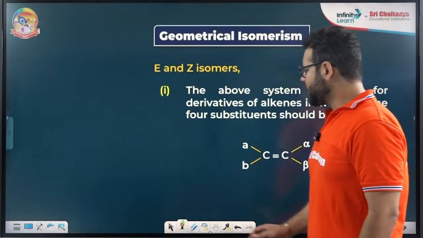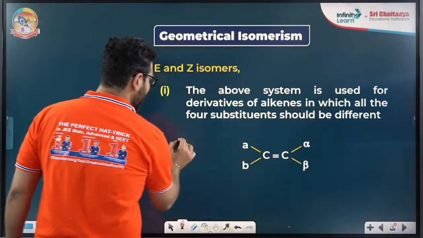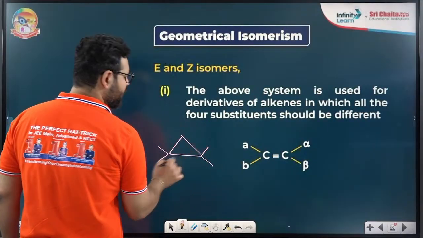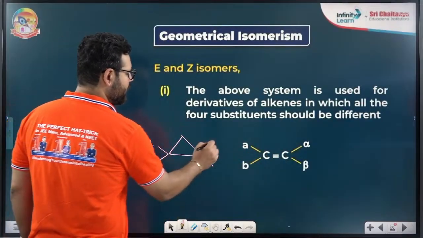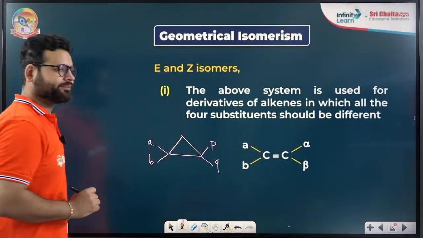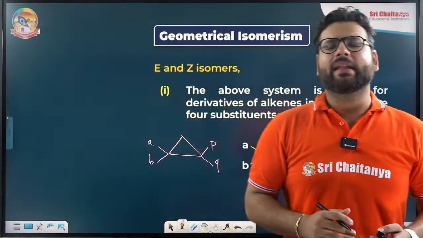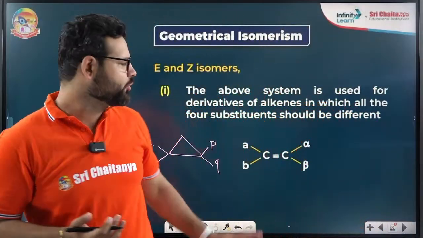EZ nomenclature is very simple. Whenever you have a carbon double bond carbon, or you have a ring, and on the ring or on the carbon double bond carbon all 4 groups are different, like A, B, P, Q, cis-trans will not be used because there is no same group.